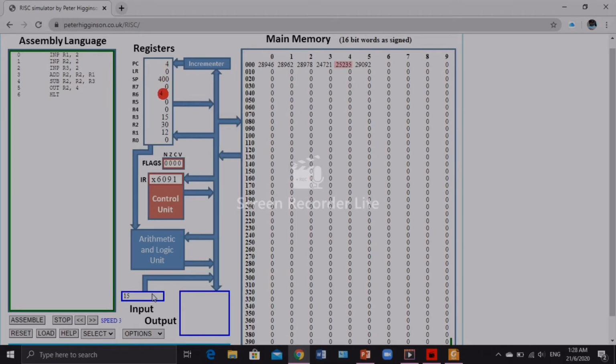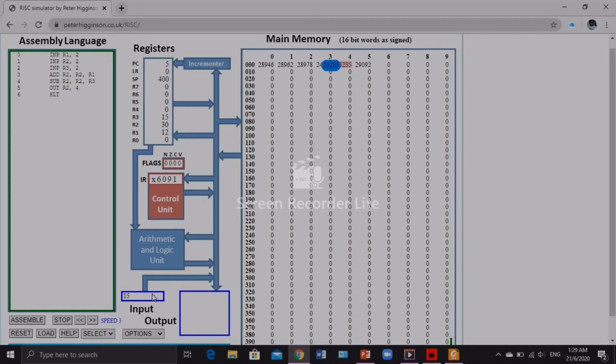Now for the subtraction part, exactly the same thing happens. The program counter holds and queues the addresses of the instruction, and fetches the data needed for the instruction from the main memory.